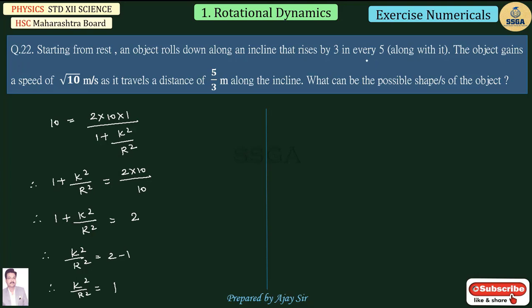So therefore the possible shape of the object can be a ring or hollow cylinder. So these are the possible shapes.